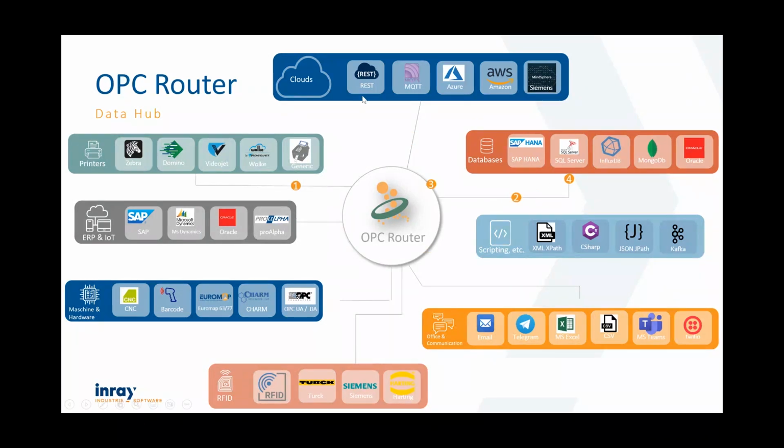Also, if you are using cloud systems or any kind of web services that you can connect via REST, you can exchange data between such a cloud system or web service and databases, no matter if these are relational databases like Microsoft SQL Server or NoSQL databases like InfluxDB or MongoDB. And also the other way around, of course.